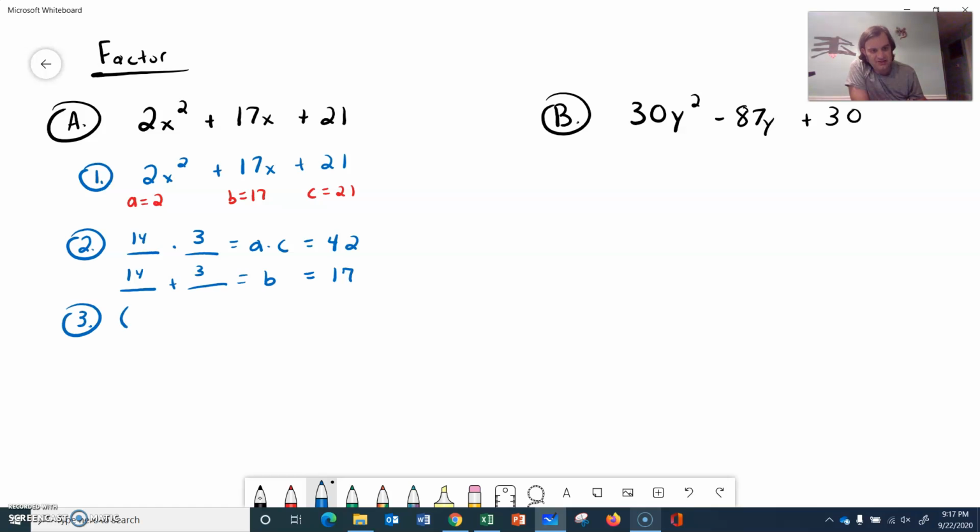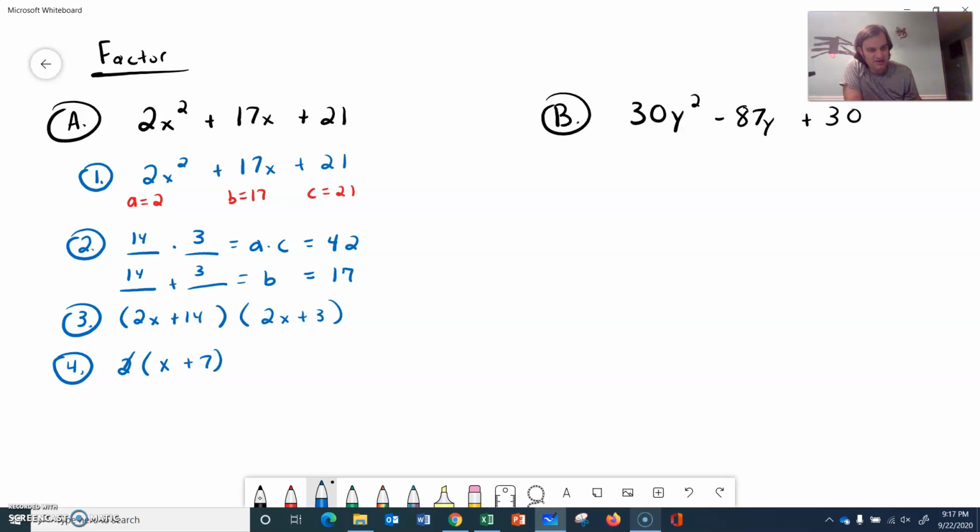Next, we're going to put those into our factors, so we're going to lead off with the A value, which was 2x, and then plus 14, and then 2x plus 3. And we know that it's not done since we put a 2 in both leading terms, but in the first one we can pull a 2 out of 2x plus 14, so we pull a 2 out and leave x plus 7.